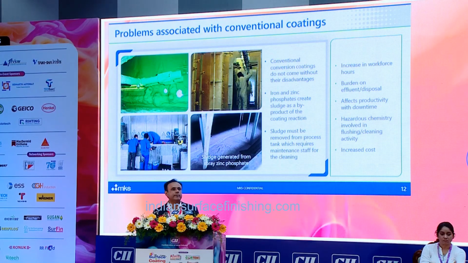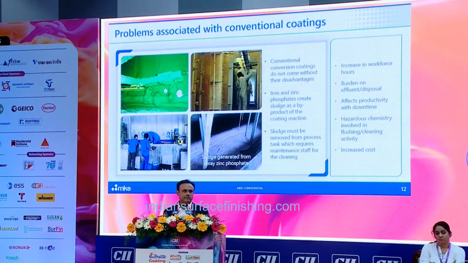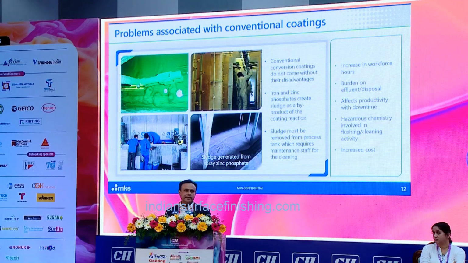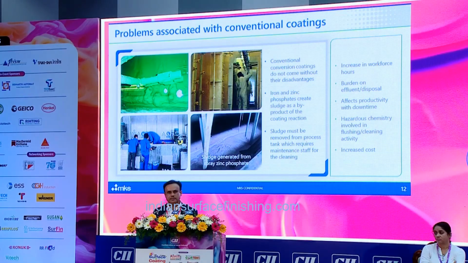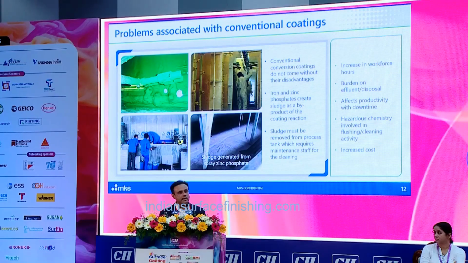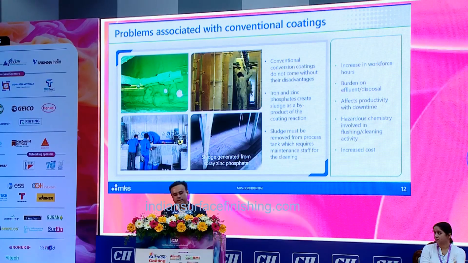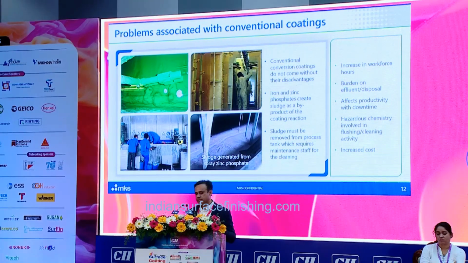For aluminum, we have chromate. We all know if a sludge is there, a lot of problems arise in removing the sludge from the washer and the tanks, and furthermore, whatever sludge you remove, you need to discard it. The disposal is very, very important also. So we need to reduce or eliminate this sludge.